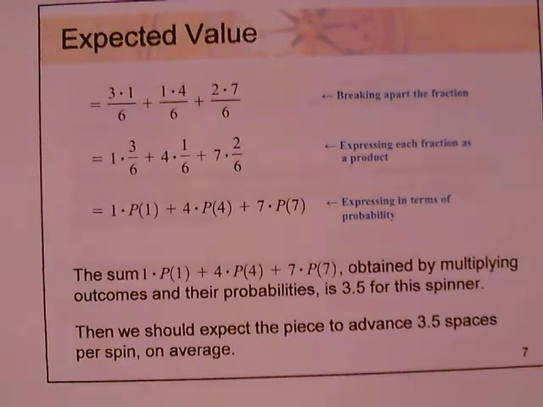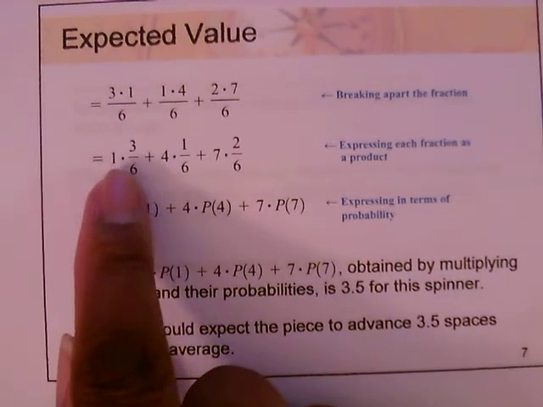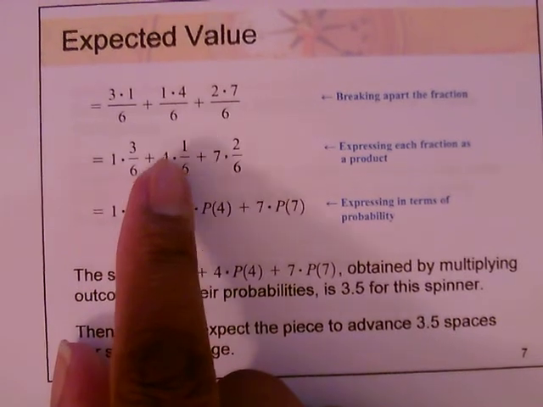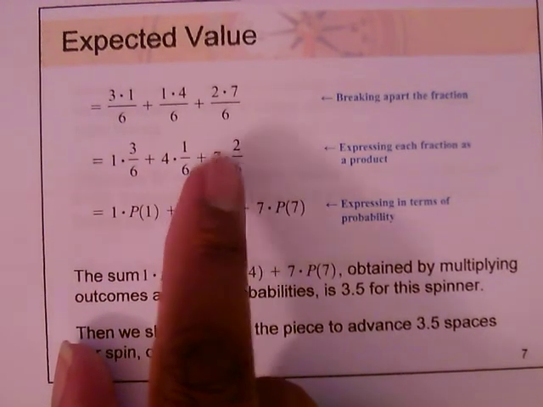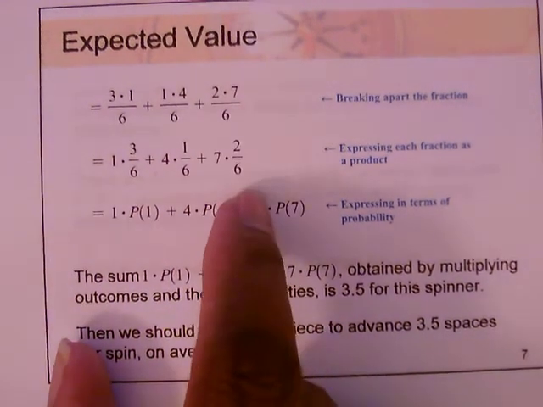Now on the next slide, they broke apart the fraction as 3 times 1 divided by 6 plus 1 times 4 divided by 6 plus 2 times 7 divided by 6. Then they express each fraction as a product, so this is like 1 times 3/6 plus 4 times 1/6 plus 7 times 2/6.